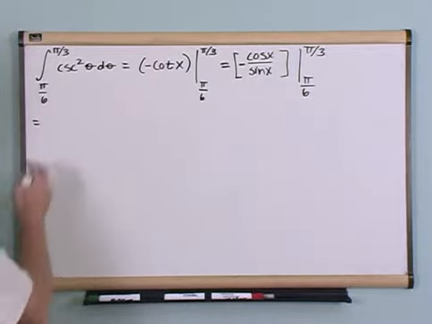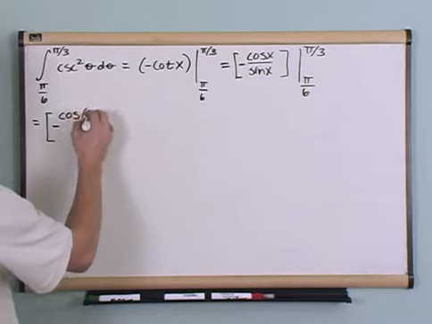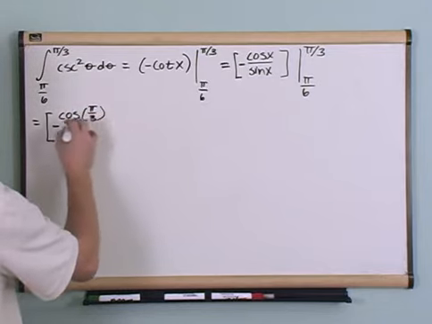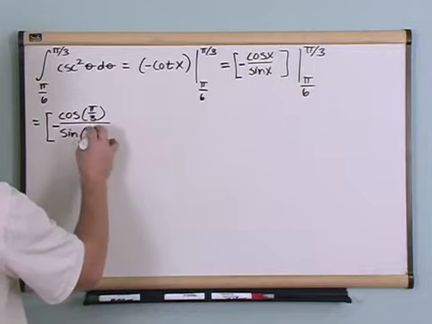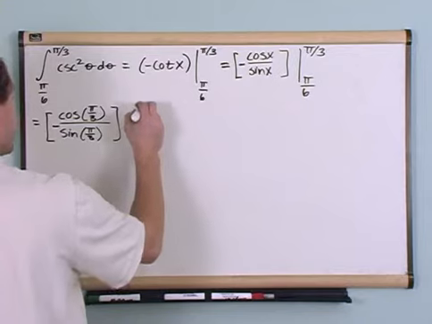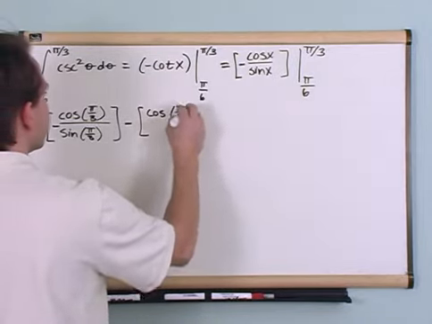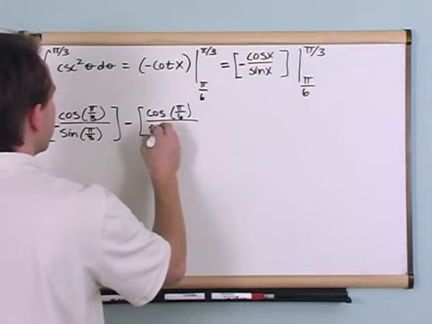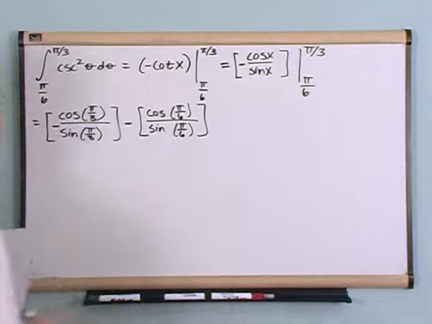Okay, let's press. So you're going to have negative cosine of pi over 3 divided by sine of pi over 3. That's just evaluating this quantity at the upper limit, minus cosine of pi over 6 divided by sine of pi over 6, and that's evaluated at the lower limit.